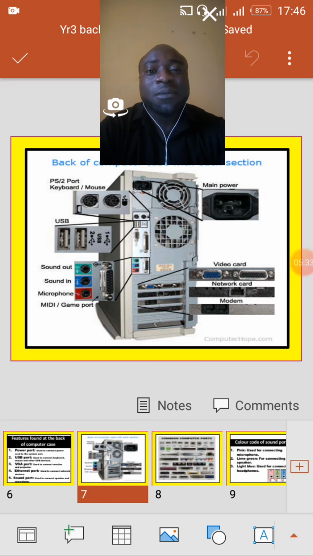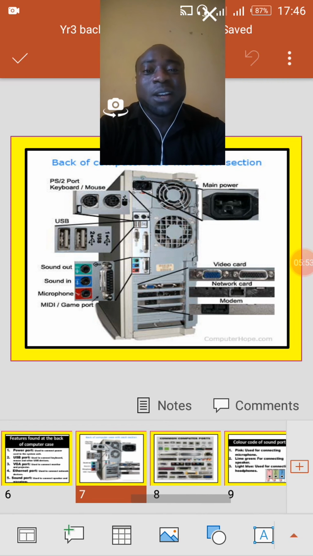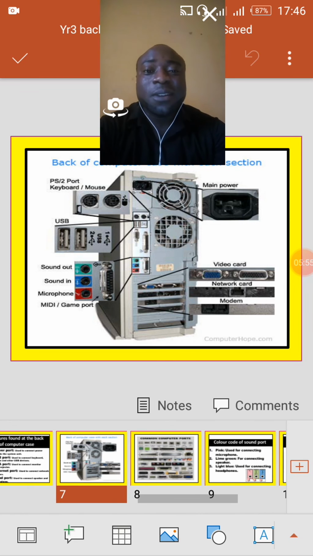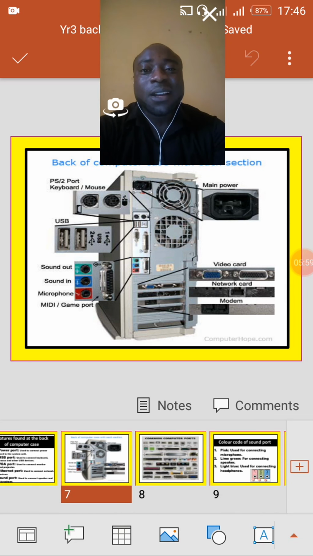Then we have the power port, the main port where we connect our power cable or cord. Then we have video card for the monitor or the projector. Then we have network card for RJ45 and the modem. So these are the common features at the back of the computer case.